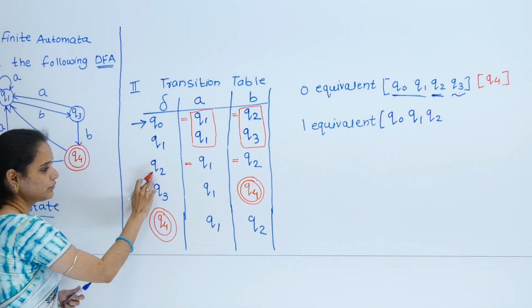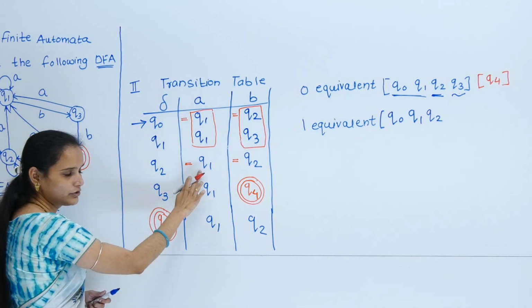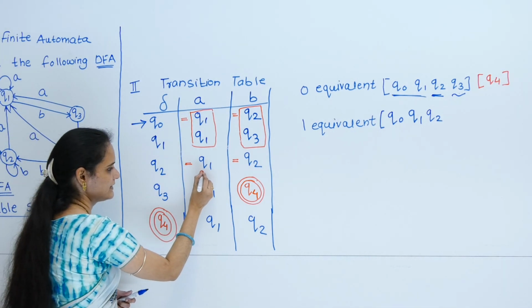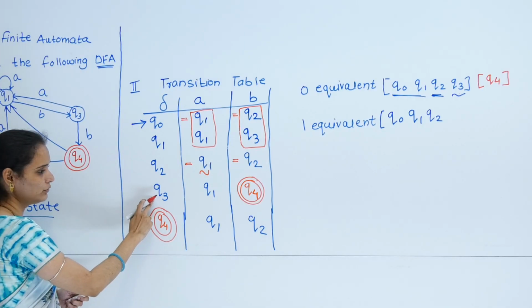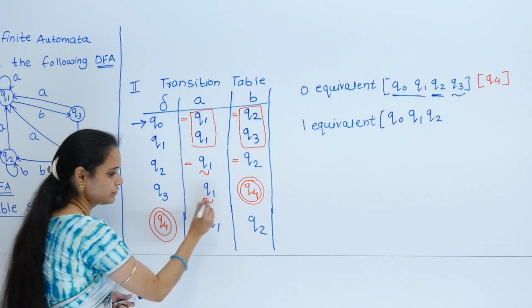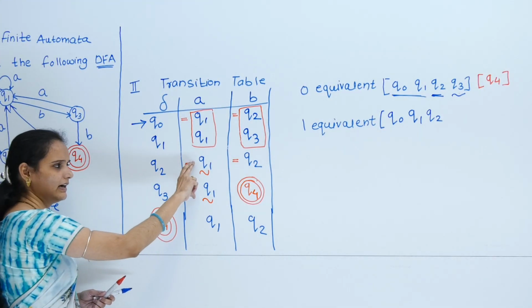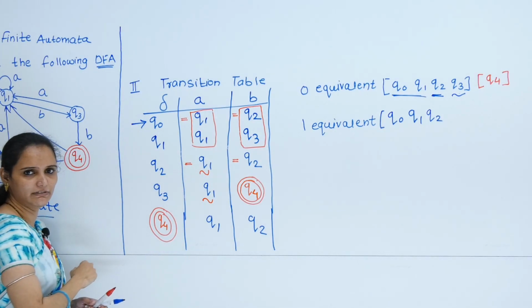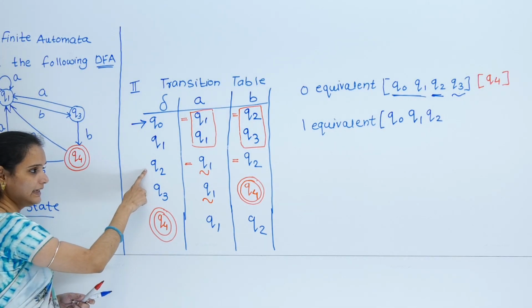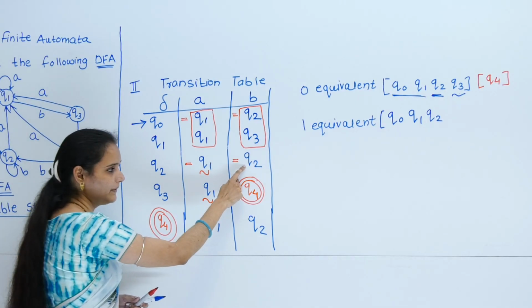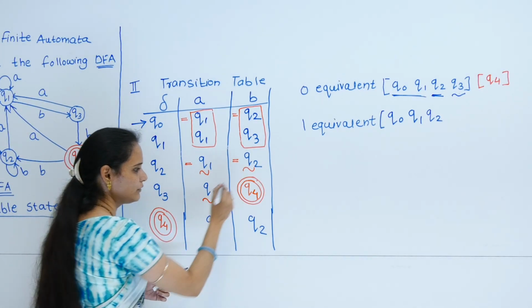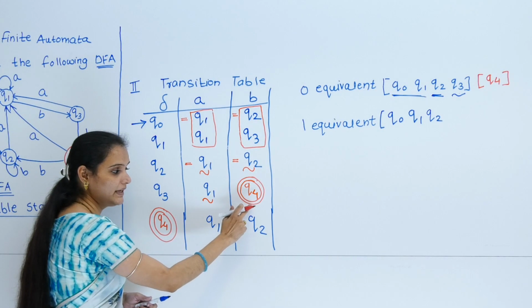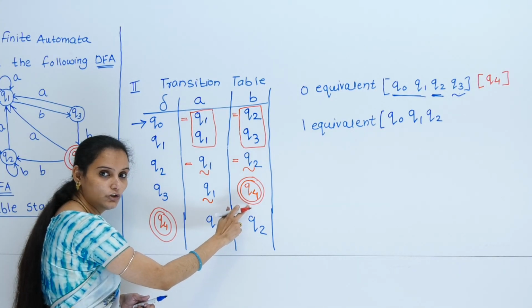Okay, so Q2 on A goes to Q1, and Q3 on A goes to Q1. Again the same state, so it will be present in one group. Now Q2 on B goes to Q2, and Q3 on B, what do we obtain here? Q4.